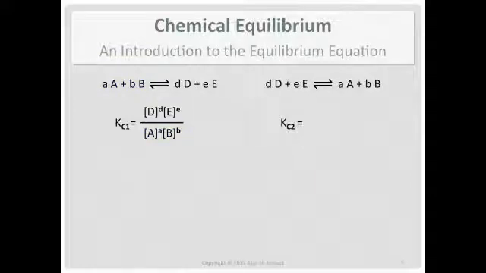Now I'll take that chemical equation in the upper left and then I'll reverse it to make the one on the right. Now since we're using reversible reactions, on one level you look at it and you go, well, who cares? Since it's a reversible reaction, who cares what direction you write it? It shouldn't matter. Well, let's see what happens to the equilibrium equation. So the products are still going in the numerator.